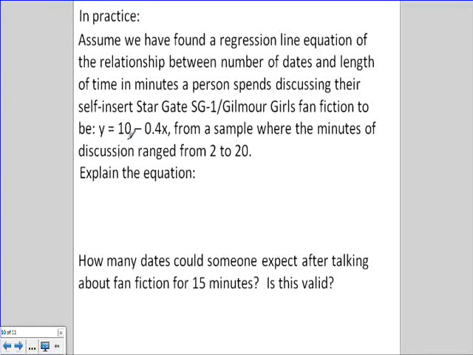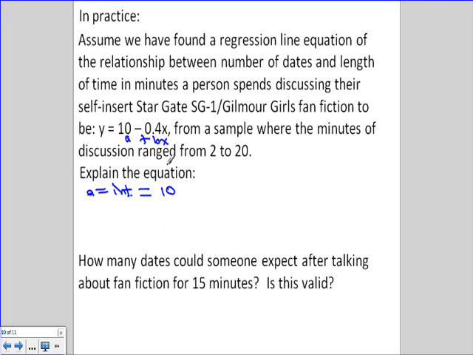So we know y is equal to a plus bx. So we could say that a, the intercept, is equal to 10. And we know this is always in units of y. And we could say that our relationship says that x is the explanatory variable, the minutes spent talking about fan fiction, and dates is the response variable, y.